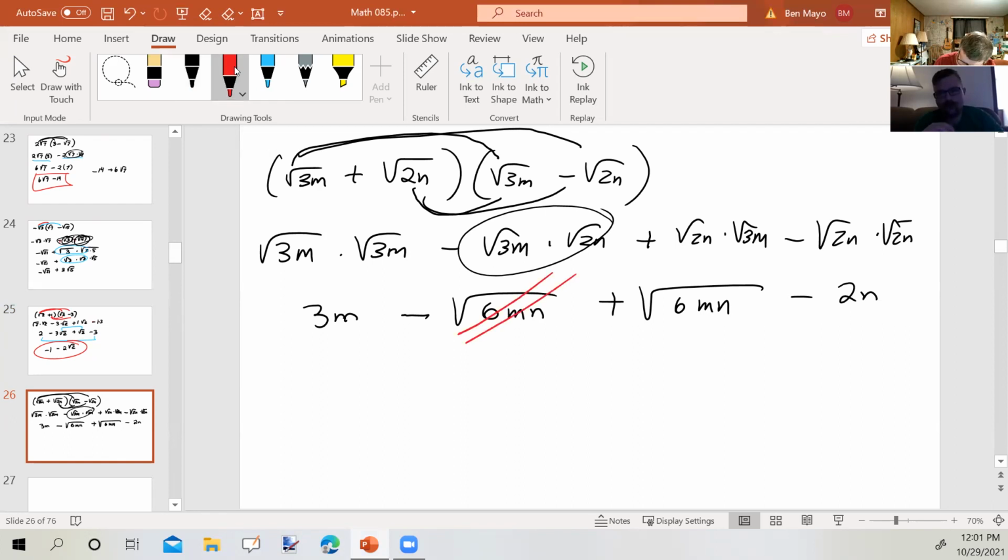Combining like terms, the middle terms cancel out, and we're left with 3m minus 2n. So the middle terms canceled out, that whole difference of 2 squares. All righty.